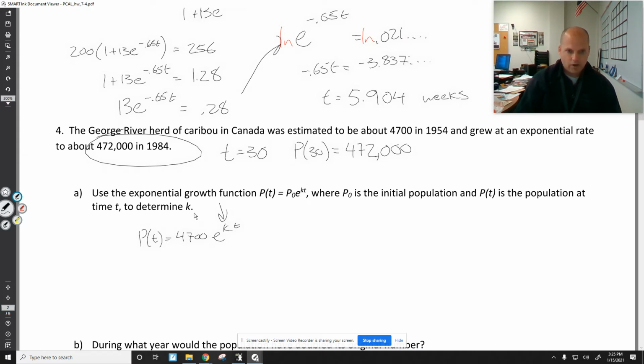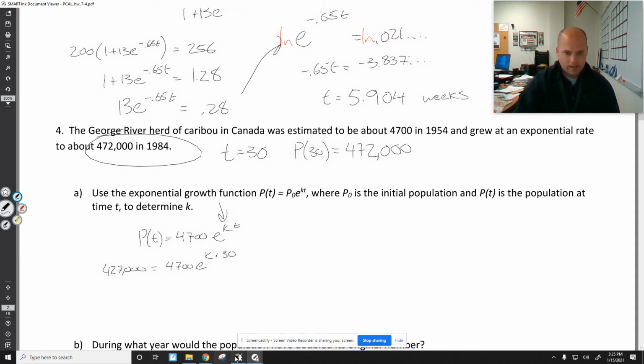So we already have this initial, but this is what we're going to use to find k. Watch how this works. 472,000 equals 4,700 times e to this exponential growth constant times 30 years.